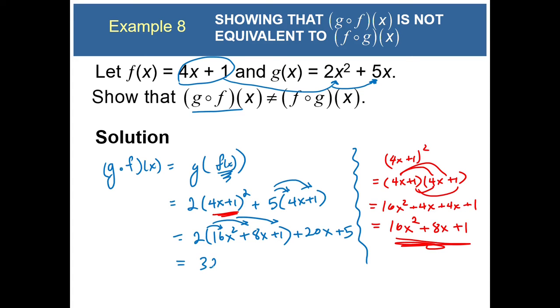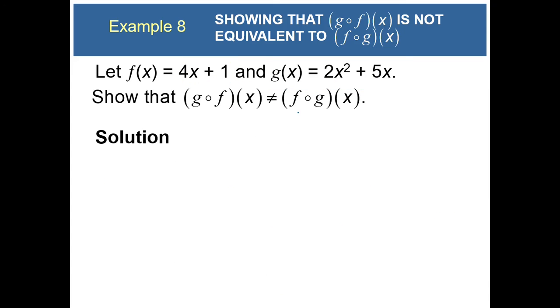This is 32x squared plus 16x plus 2 plus 20x plus 5. Let's collect like terms. We have 32x squared. 16x plus 20x is 36x. 2 plus 5 is 7. So we have g of f of x equals 32x squared plus 36x plus 7.